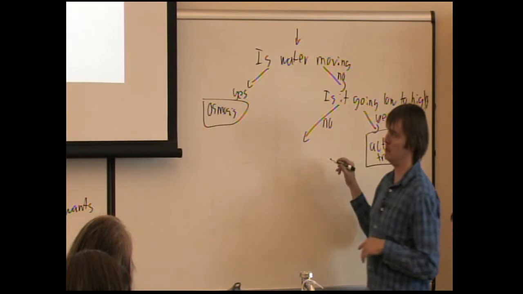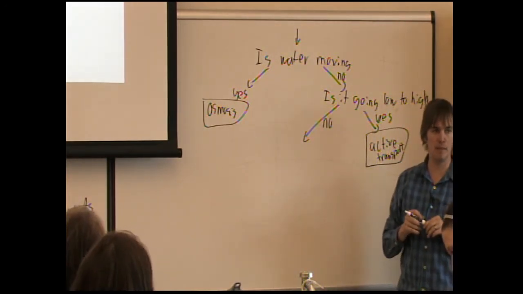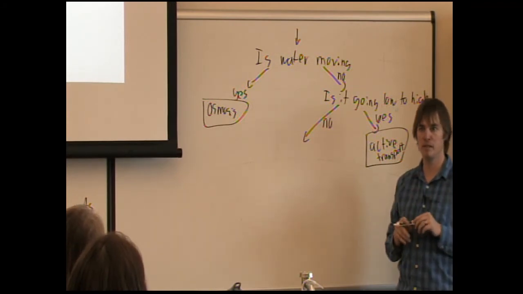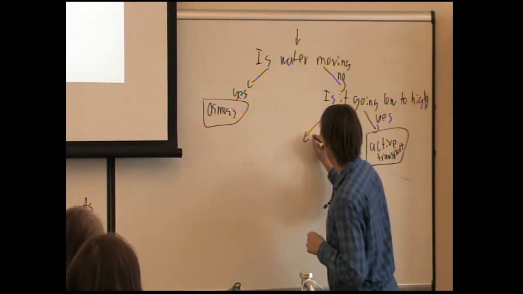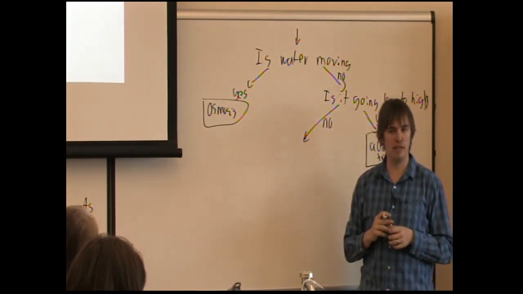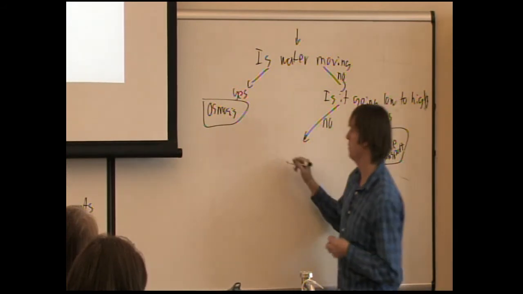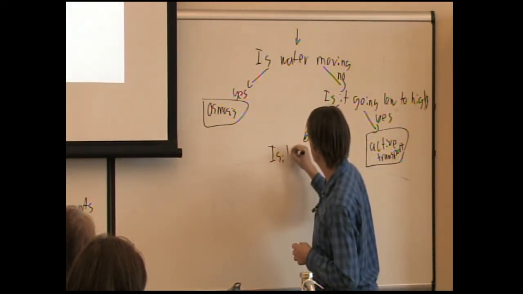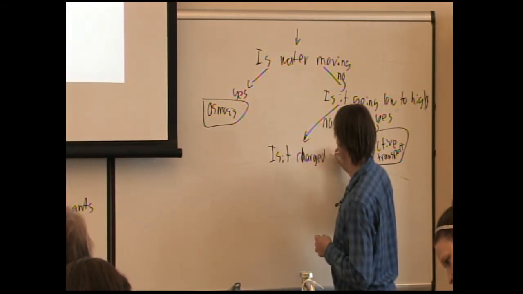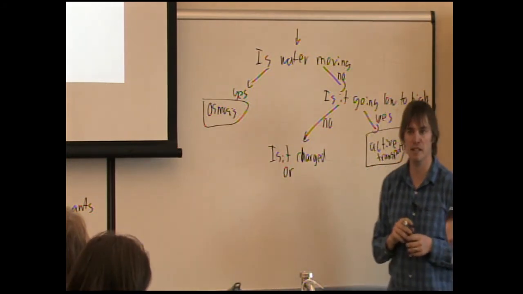And if it's no, we've still got two more to decide between, right? Facilitated and simple. And somebody already told me the question. Cross by itself. Okay. How do you know if it can cross by itself? Is it charged, or what's the other category of things that can't?